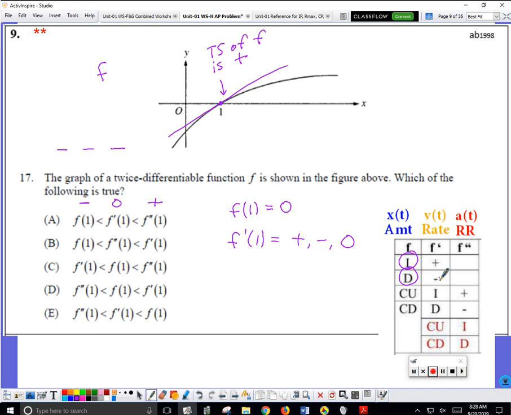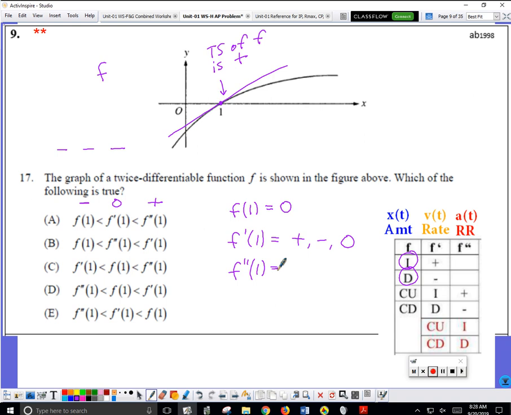What is the characteristic of f that tells you something about f double prime? What is the characteristic about f that tells you about f double prime? Kevin? It's the concavity. 2 points for Kevin. So somebody tell me, what do we know about f double prime at 1?